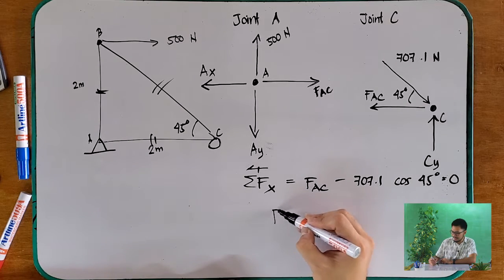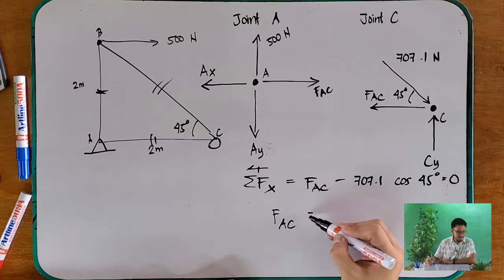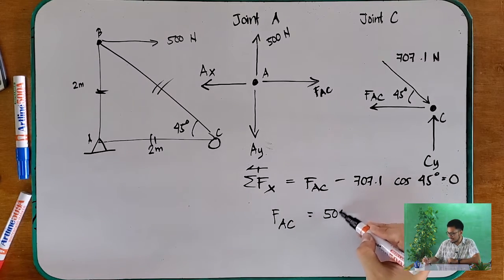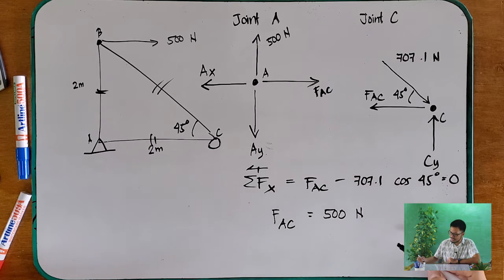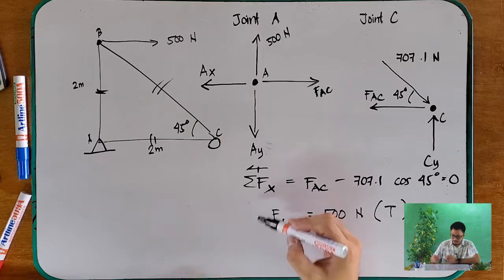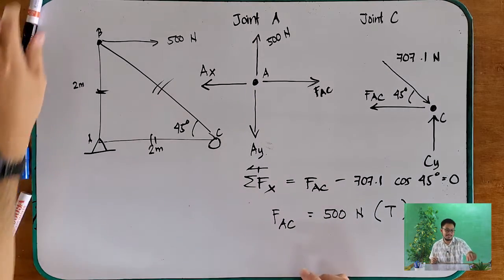So therefore, your FAC is equal to 500 newtons still. And since positive man na siya, so positive atong answer, then sakto atong assumption that this one is in tension. Okay?